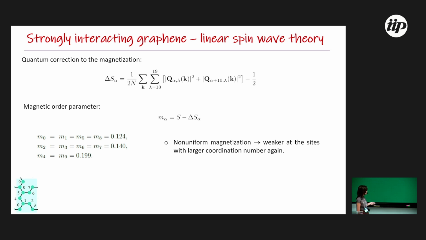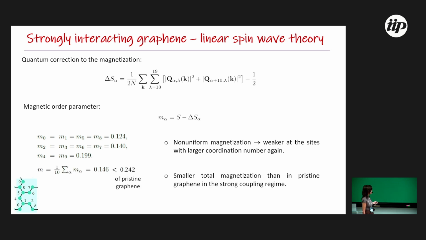If we compute the average magnetization, in this case we get some number which is smaller than what we get in pristine graphene. So the picture that is building up is that we get magnetization for arbitrarily weak electron-electron interactions, but when the interactions are very strong, the net magnetization in this depleted lattice is actually smaller than the one known for pristine graphene.